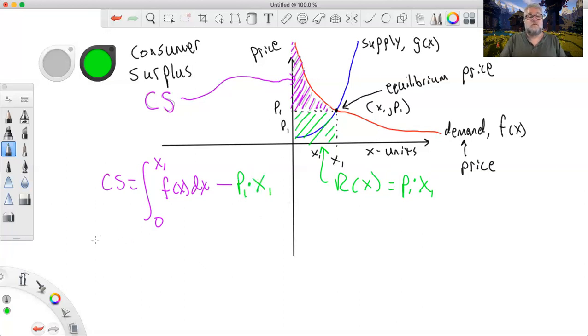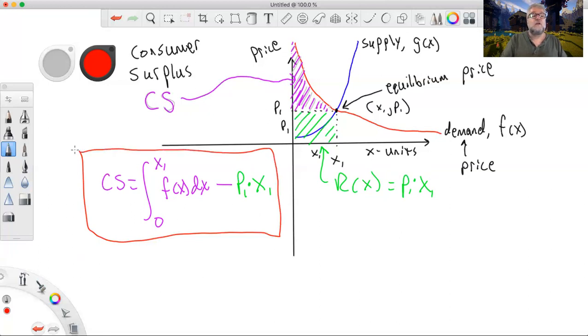So this, new color, is our formula for calculating the amount of money generated in a consumer surplus market. We do from 0 to the equilibrium price, and you got to find that number typically, or 0 to X1, the equilibrium sales, the number of units sold at the equilibrium price.